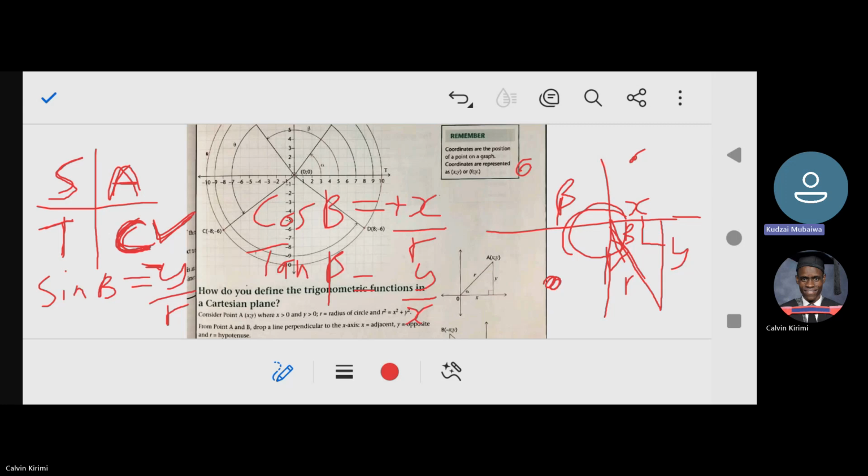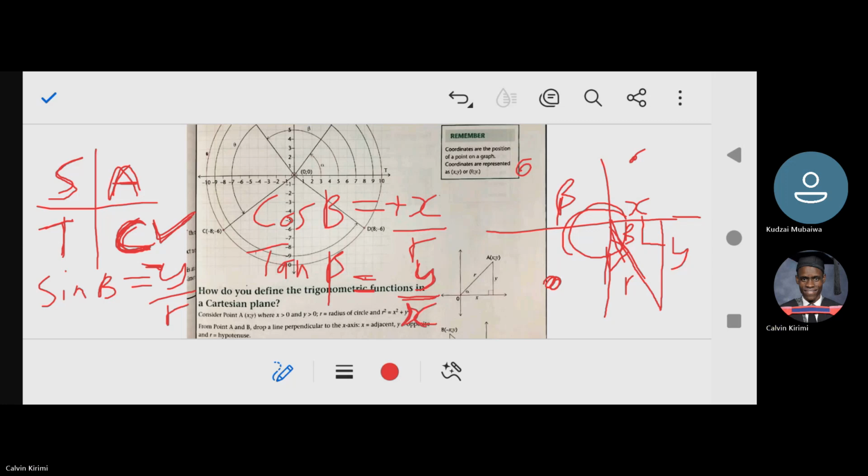We remove the negative X. It's Y over X. What is the sign? Tan beta is equal to Y over X. We want to know the sign. Is it positive or is it negative in that quadrant?